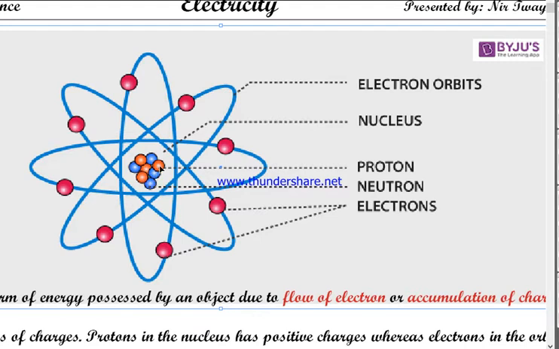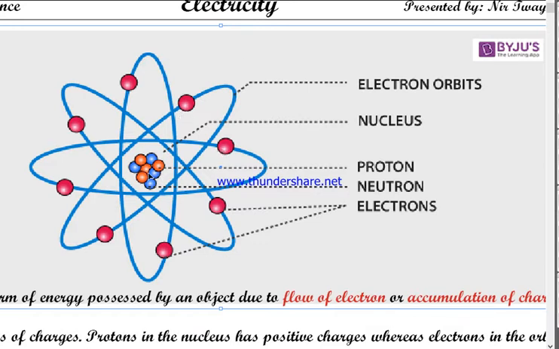Here protons are indicated by orange color, and neutrons are indicated by blue color. So the nucleus is simply made up of a cluster of protons and neutrons. And electrons keep on revolving around the nucleus in a fixed path which is known as an orbit.